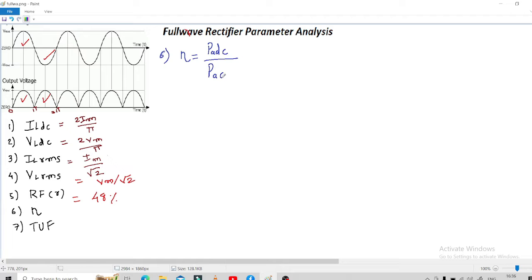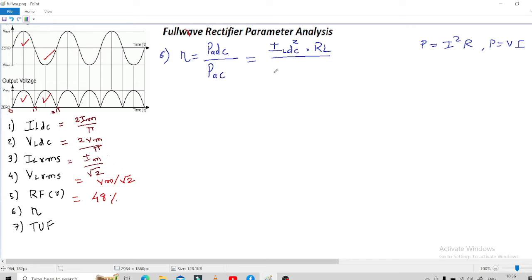Okay, so PDC upon PAC. So we know the output DC power is nothing but ILDC square into RL. So I have used the formula that power is equal to I square R, or sometimes P is equal to V into I also. So I have taken I square R over here.